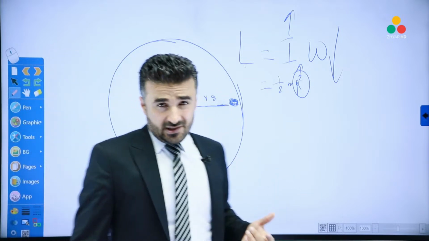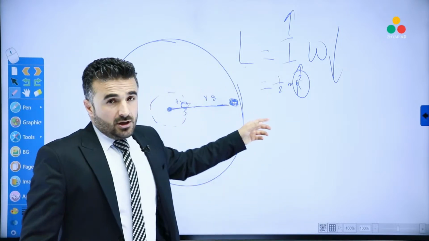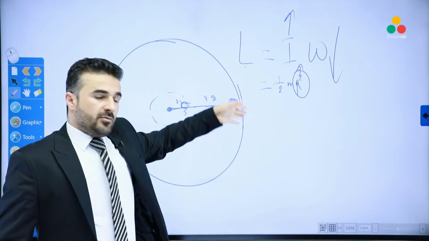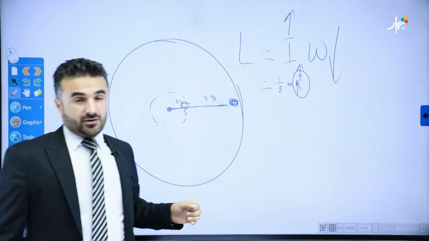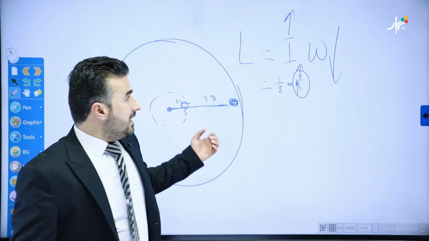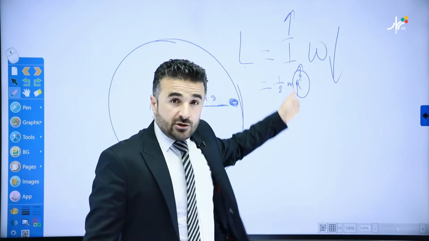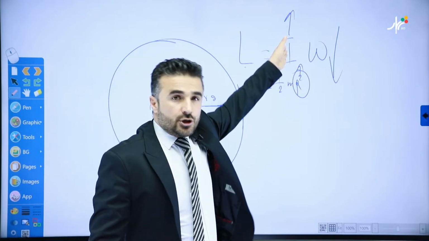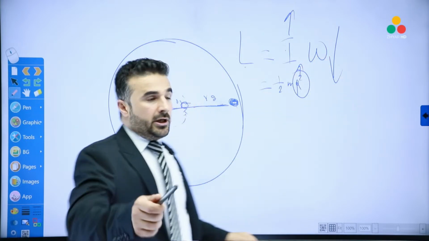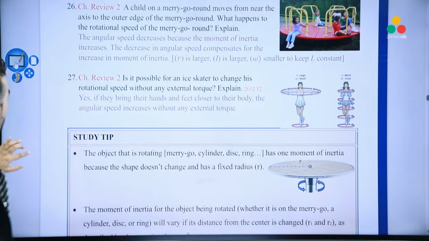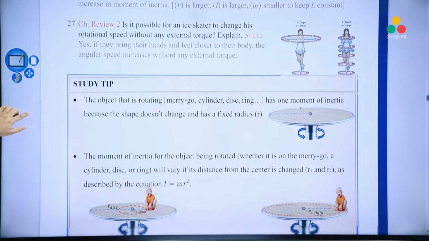What if it was the opposite? What if the child was at the edge, closer to the rim, and then the child started to move closer and closer towards the center of the merry-go-round? In this case, r will reduce. That means moment of inertia will reduce, and of course, angular speed will increase. All right, moving on.